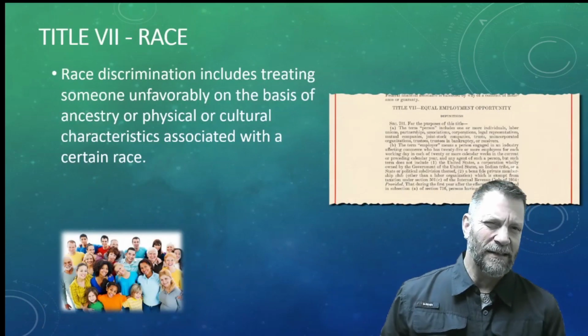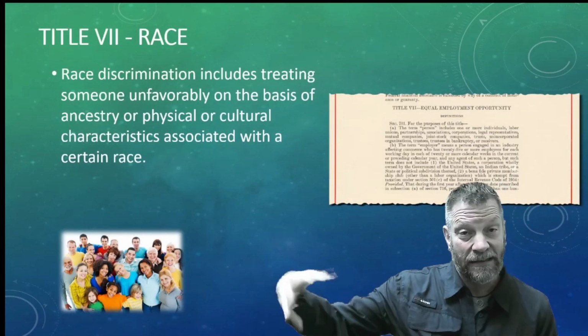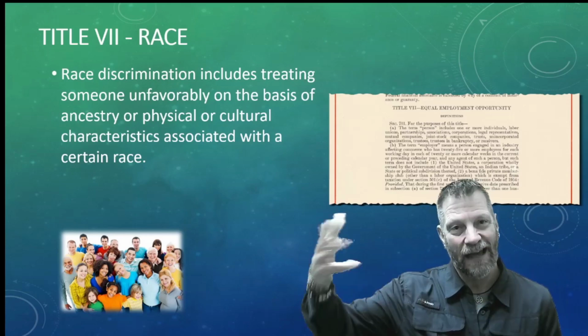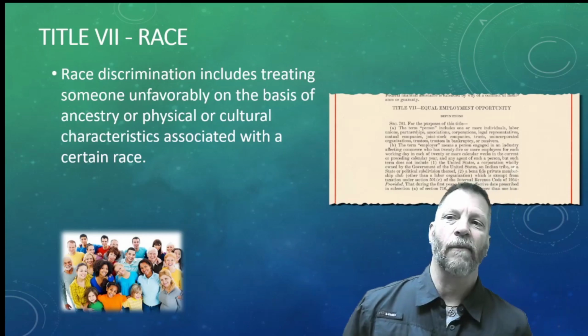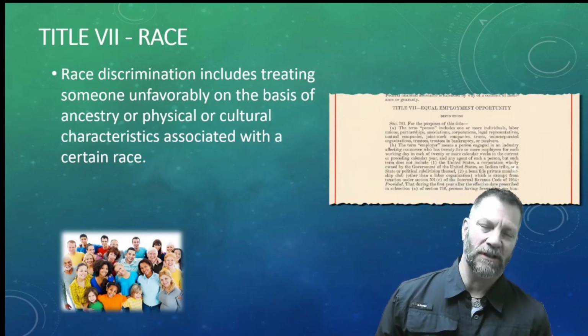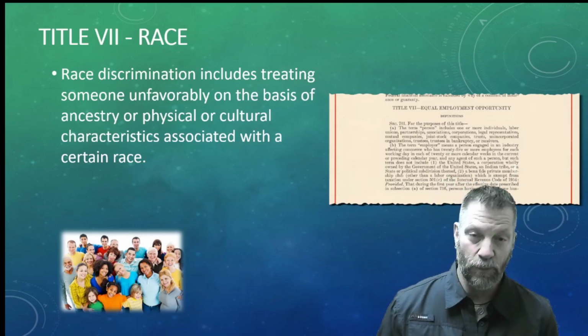We'll talk about each of these categories, not in detail, but you need to have an understanding of exactly what they are, what they entail. So race discrimination is fairly simple to understand.